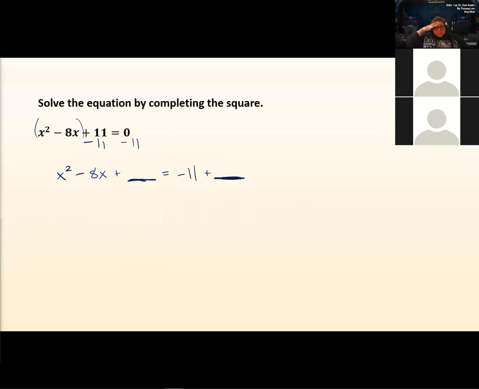Okay. And again, how are we finding this term that we're adding to both sides? What are we doing with that -8?